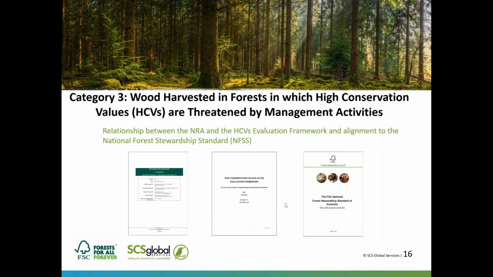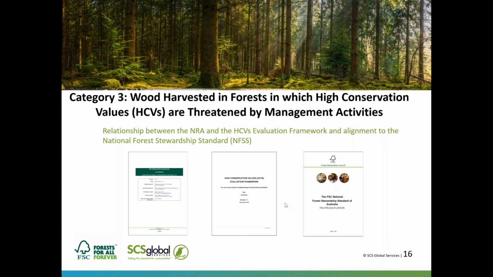The other component which was important when developing the risk assessment, the controlled wood evaluation framework, was the fact that we don't have the remainder of the standards. So in the national standards process, we have Principle 9, which is how you manage high conservation values, and Principle 6, which is around managing environmental impacts.